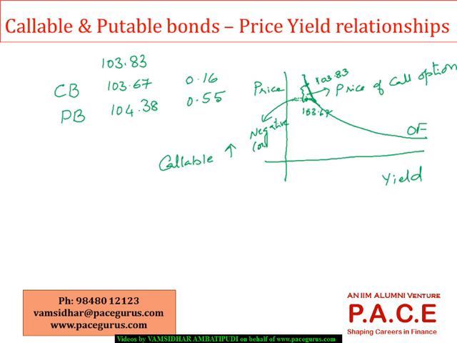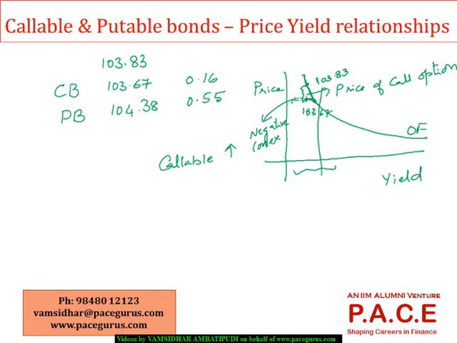It doesn't keep increasing with the decrease of the interest rates, but it keeps falling, because the chances of exercising the option keep increasing as the interest rates keep falling, only up to this point. After a certain level of interest rate, the callable bond and the option free bond behave in the same manner.